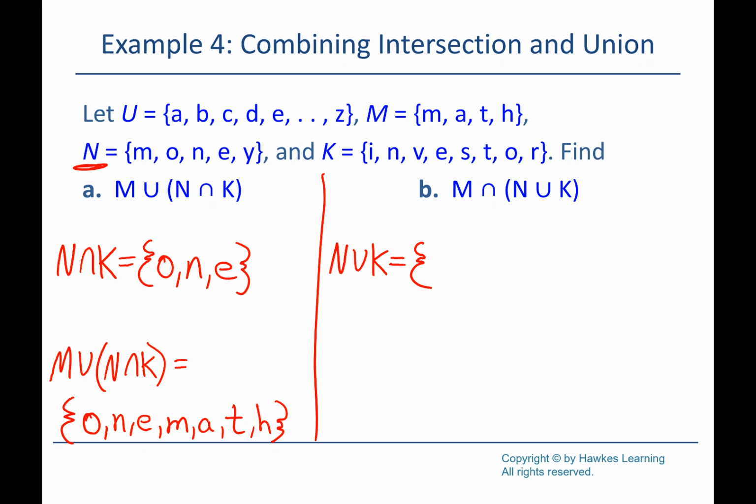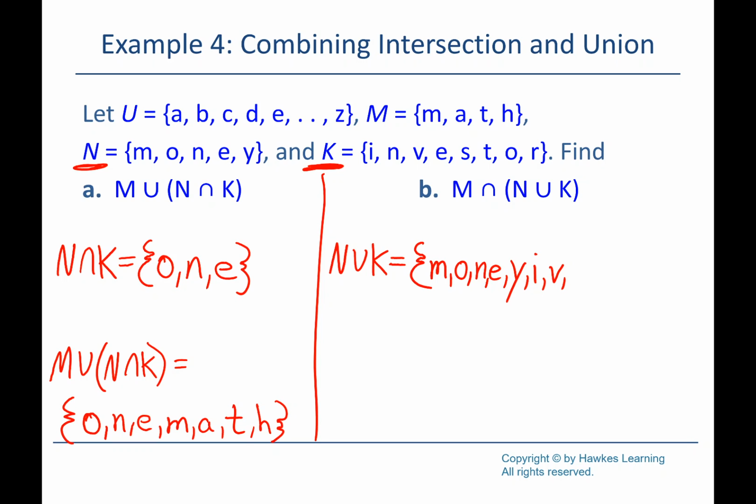So we're looking at these two again. So we need any element that's in either one of those to go in the union. So I'm just going to do M-O-N-E-Y from N. And then when I look at K, we don't have I yet. We do already have N. We don't have V yet.